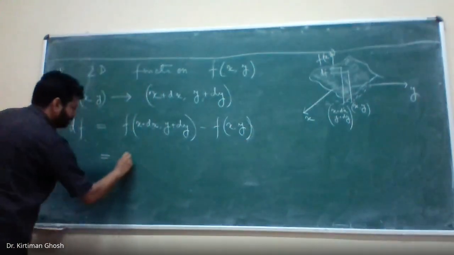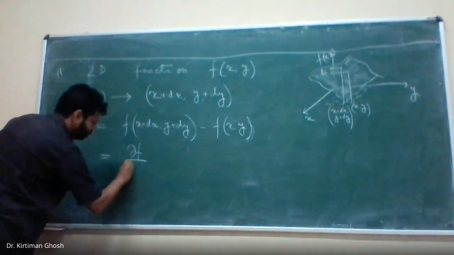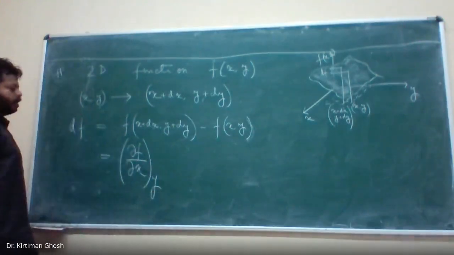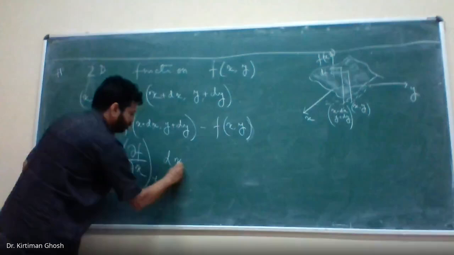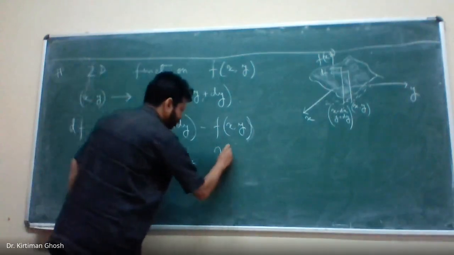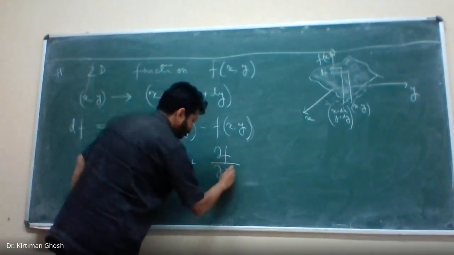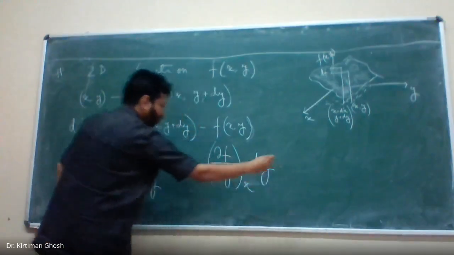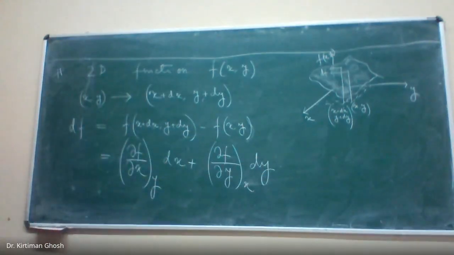This can be written as del f by del x at constant y times dx, and so on, so this will be your df up to linear order.